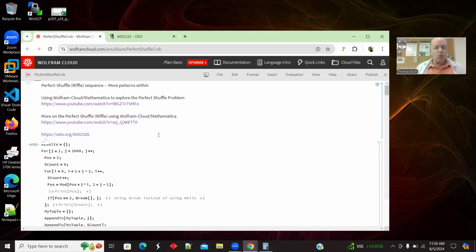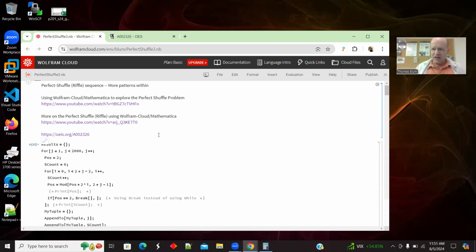And at least one of the ways to produce this is through shuffling or riffling. So you take a deck of cards, an array, a list, of even length, and you break it up into two.